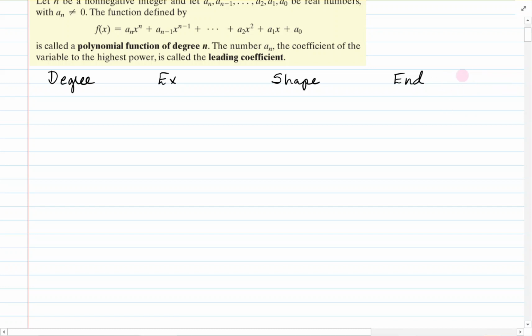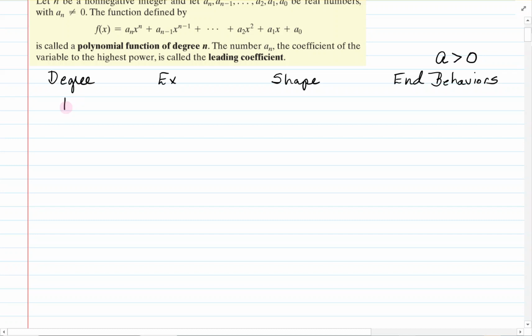Let me rewrite that. In other words, what's it doing extremely to the left and extremely to the right? Everything that is in my chart will be assuming that the leading coefficient is positive. So keep that in mind.